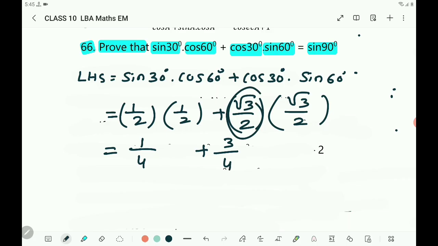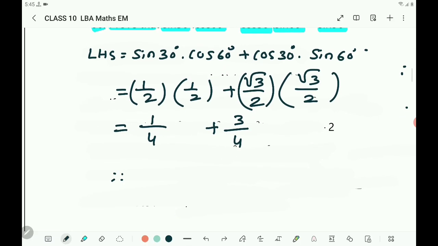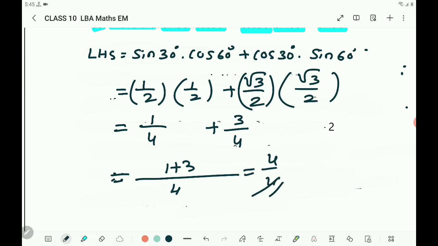So root 3 by 2 into root 3 by 2 is 3 by 4. Then 1 by 4 plus 3 by 4, which is equals to 1. You know, the LCM is 4. We have to add the numerator. 1 plus 3 equals 4 by 4. 4 ones are 4, which is equals to 1, and that is equals to sin 90. The value of sin 90 is 1.